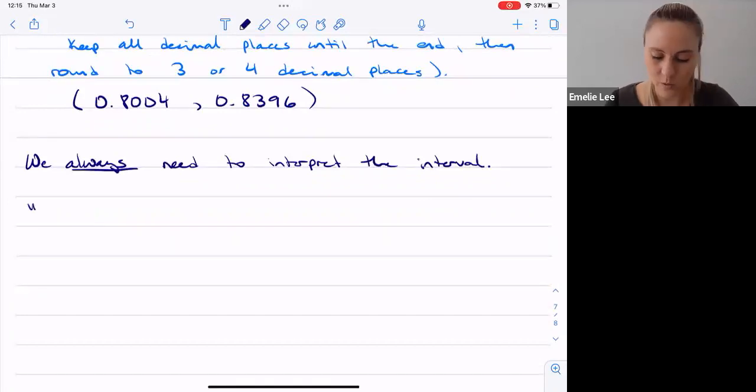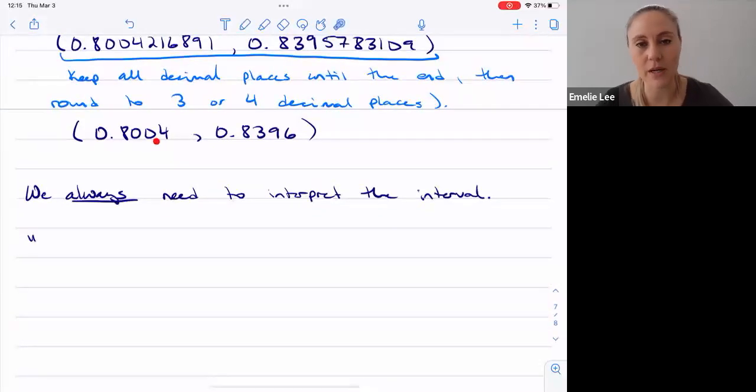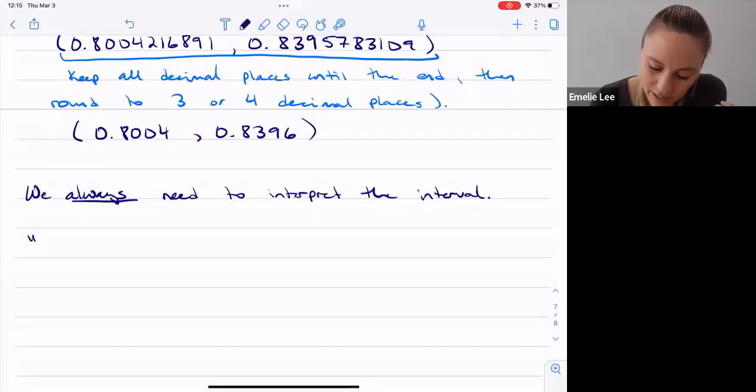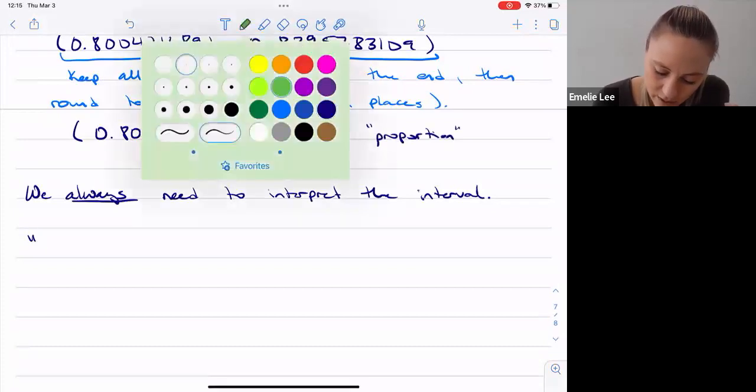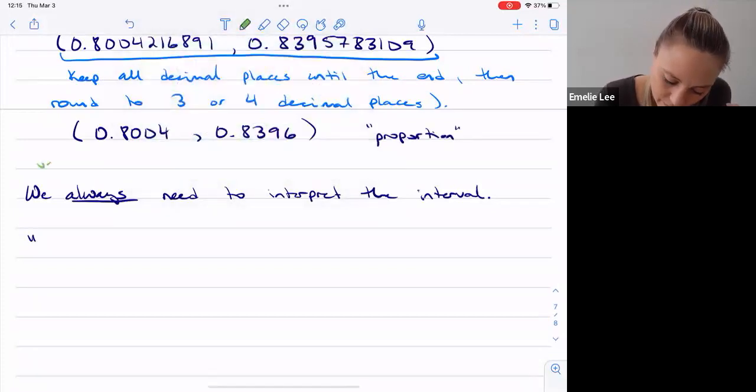And in this case, we're going to say that now we can talk about the proportion, right? So this is if we have the proportion, or if we wanted to talk about 80.04% to 83.96%, the percentage.